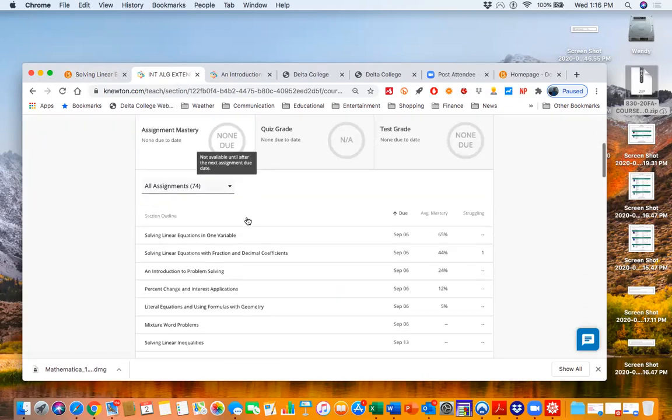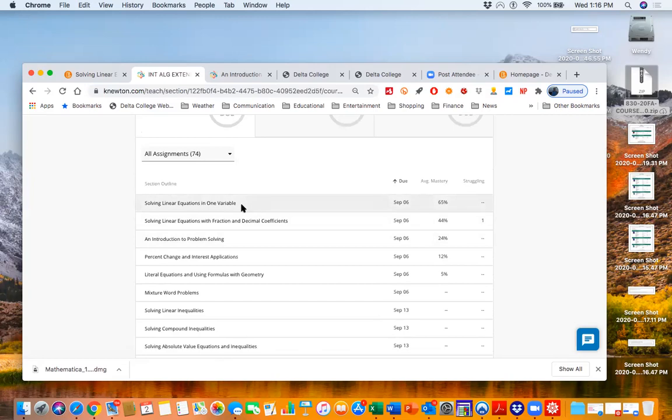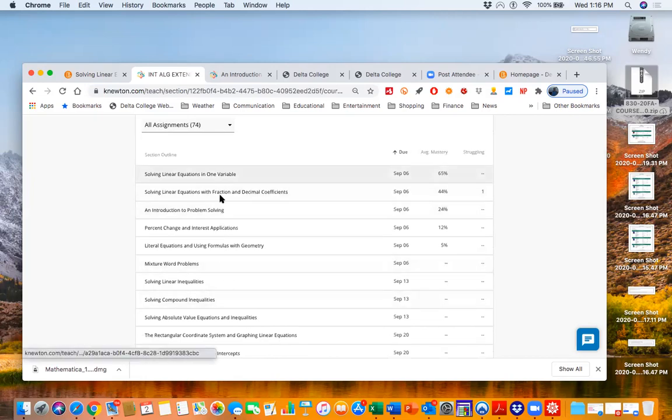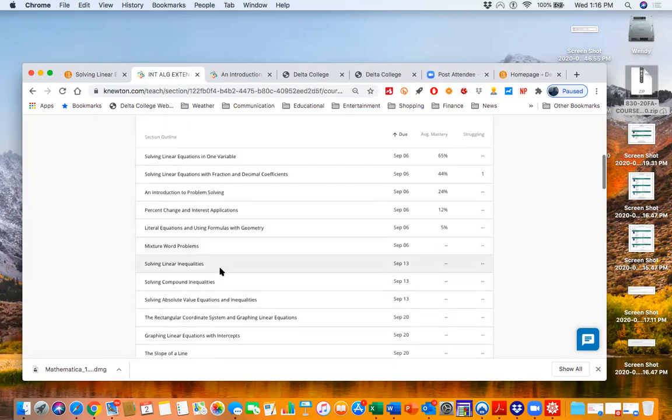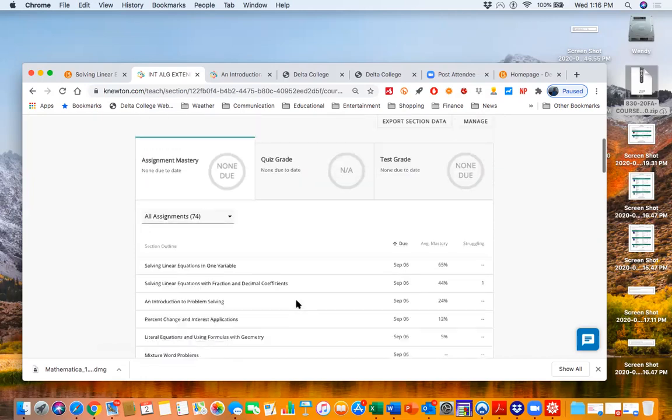Okay, there are all of our assignments. The first six are what are due on the 6th. But if you don't get them done in time, you don't get a late penalty. You just have to finish them after that. Then the next group are due the 13th, and that ends the stuff for chapter 2.